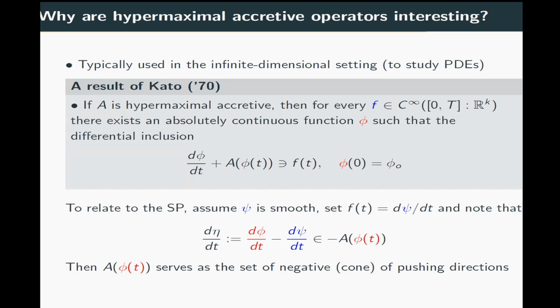To relate this to the Skorokhod problem, you want to think of this A of phi of t as containing minus the directions of reflection. And then your f is like d psi of dt, because they're doing it for absolutely continuous trajectories. And so that's what it's saying: for all smooth inputs, you have a nice Skorokhod problem. So if your operator is maximally accretive, then you will have solutions to the Skorokhod problem for all C infinity paths. Okay.